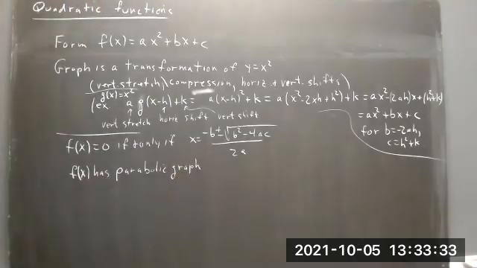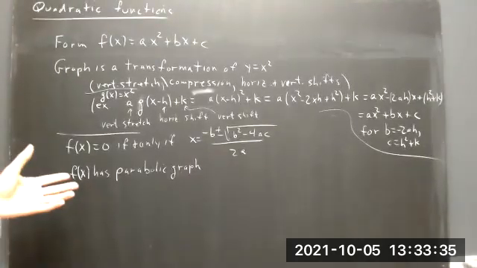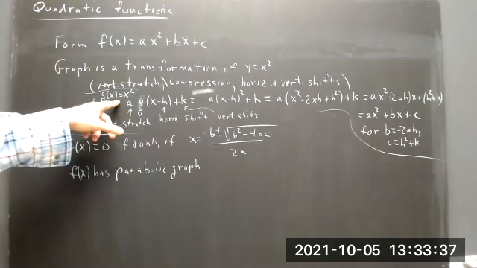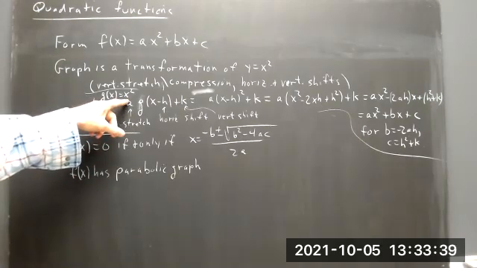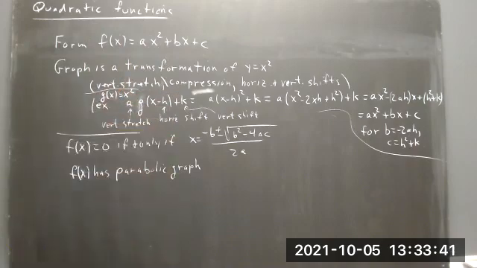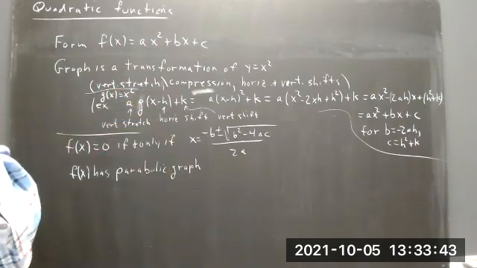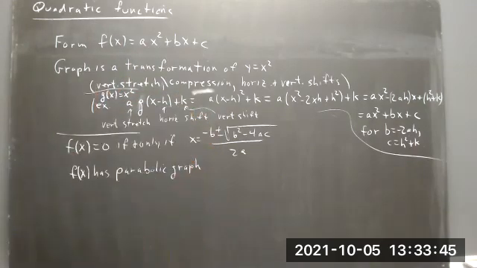f of x has a parabolic graph. Why? Because it's a transformation of your x squared function by vertical stretches, compressions, and horizontal and vertical shifts. And it's always going to be a parabola.